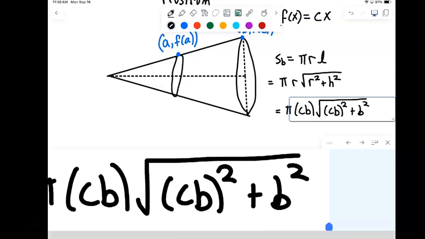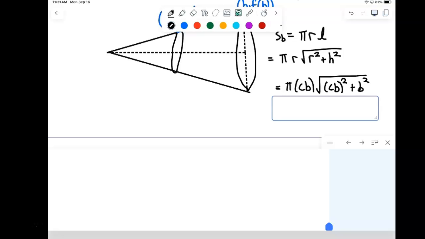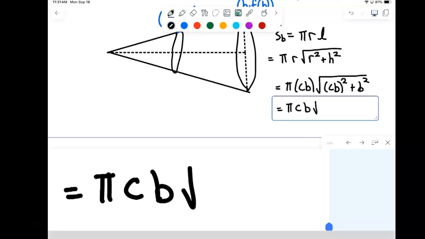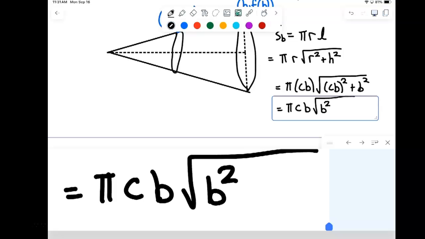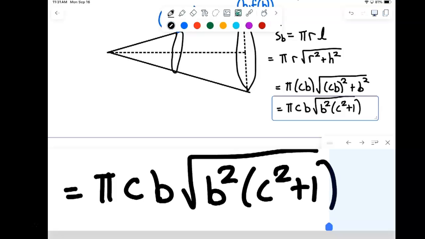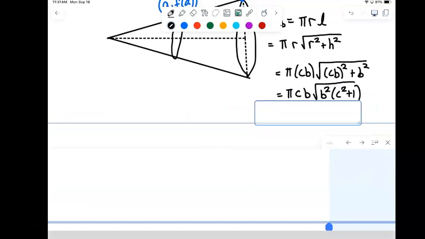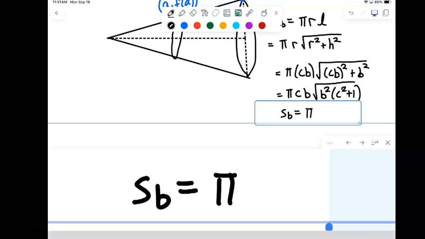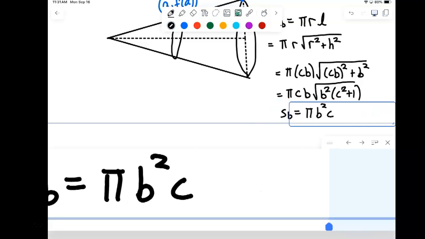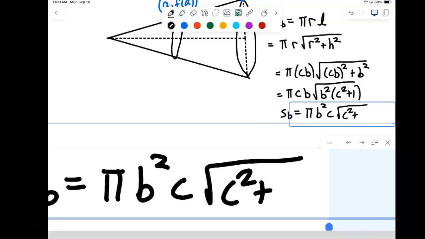I'm going to factor out a B squared, so I have pi CB square root B squared times C squared plus 1. The square root of B squared is just B, so the surface area of the B cone is pi B squared C square root C squared plus 1. Yeah, ugly.